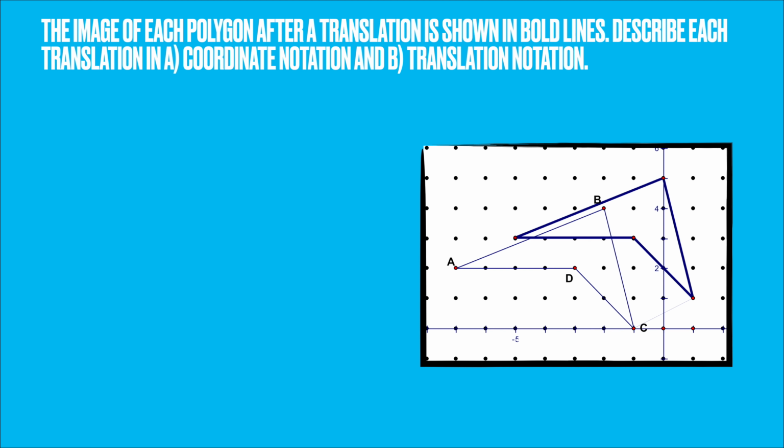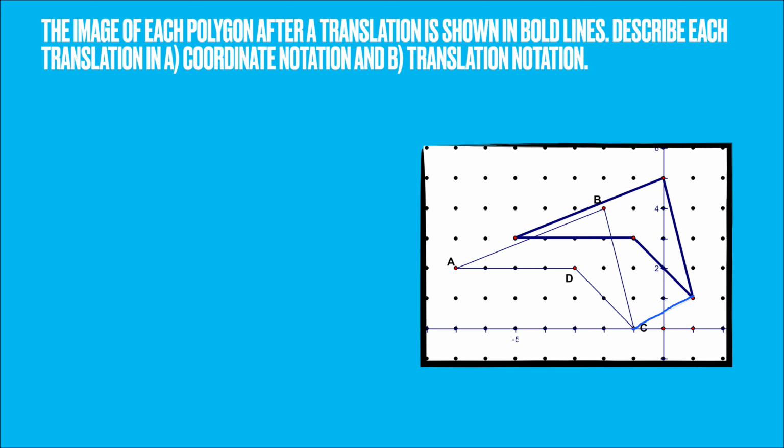Okay? So now the image of each polygon after a translation is shown in the bold lines. Describe each translation in A, coordinate notation, and B, translation notation. So what they're saying is it's going from here to here, which means this point is what we would call C prime. So that's an important note: after the translation, we use this to say prime. Okay, so let's look here. This is up 1, over 2.